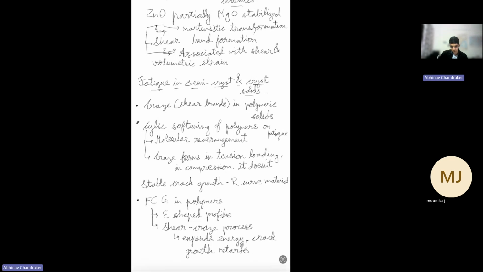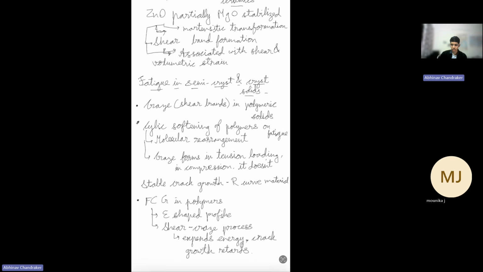So in polymers, the deformation majorly occurs not by dislocation, but by molecular rearrangements. So you have chains of molecules which can be heavy and long also, depending on the polymer, and these molecules are usually weakly bonded to each other by hydrogen bonding, and they form certain structure.